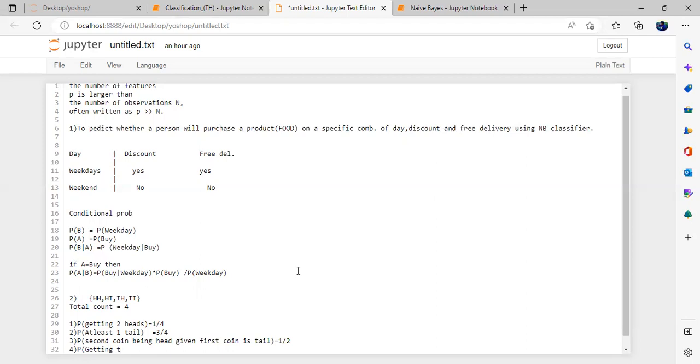Getting two heads. You can find the same for the dice example. 6 outcomes are there, right? Total 6 will be there.